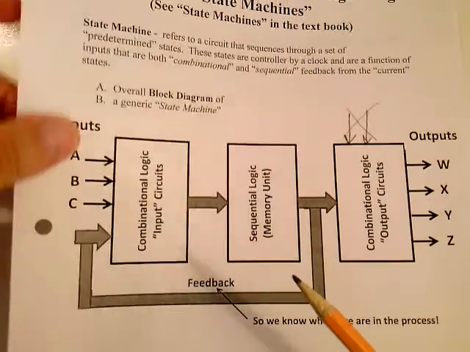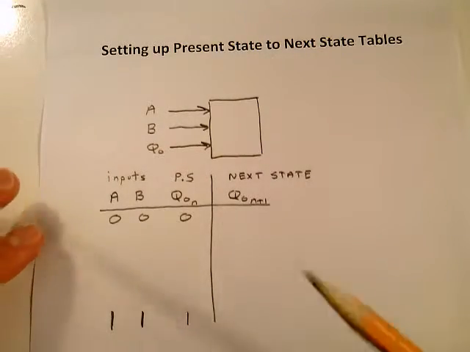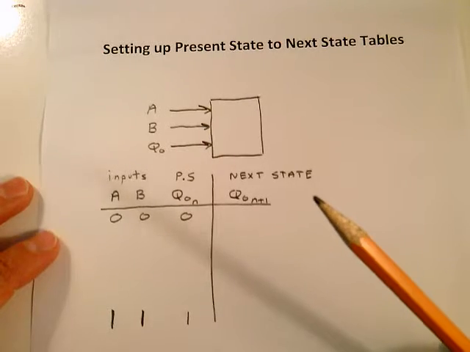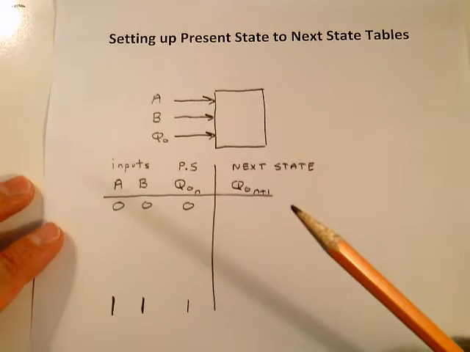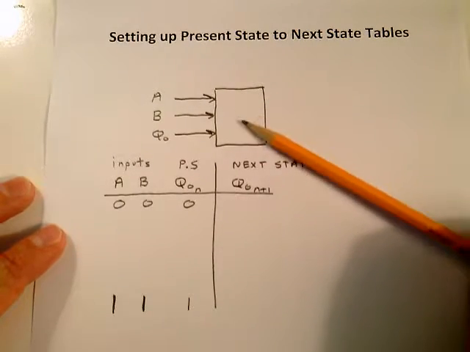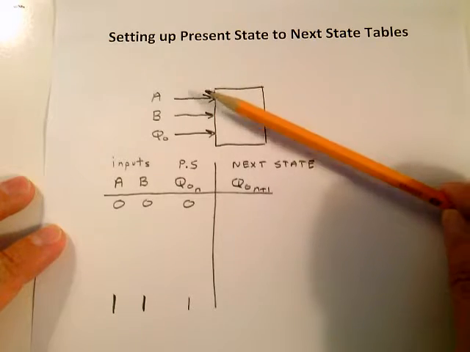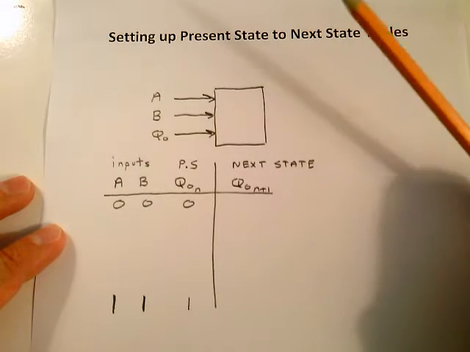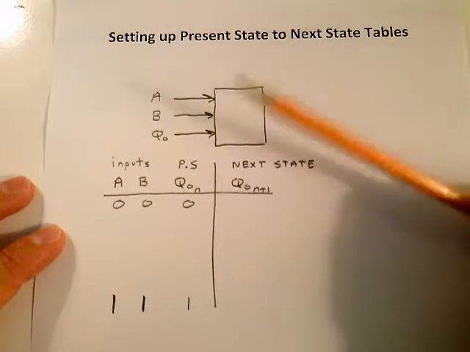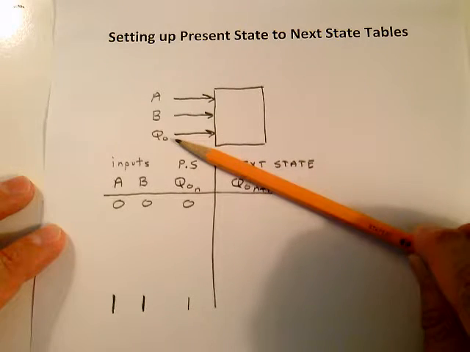So what we're going to do here is take a look, and you don't have lecture notes, you just have to stop the video or look at what I'm showing you here. But let's pretend we're designing a synchronous logic circuit, and we have two external inputs, A and B, and we need potentially two states. So that's just one flip-flop, so we're going to have a Q0 term coming back.